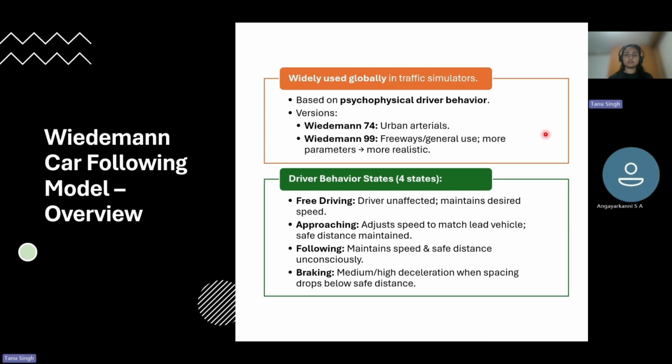First is free driving, that is unaffected; approaching, where it matches the leading vehicle; then the third one where it unconsciously maintains speed and safe distance; and fourth is braking, where medium or high deceleration is applied to maintain a desired safe distance when the spacing is below safe distance.